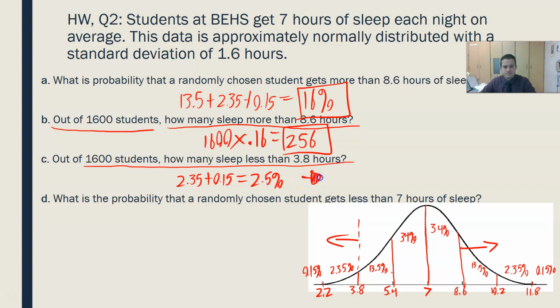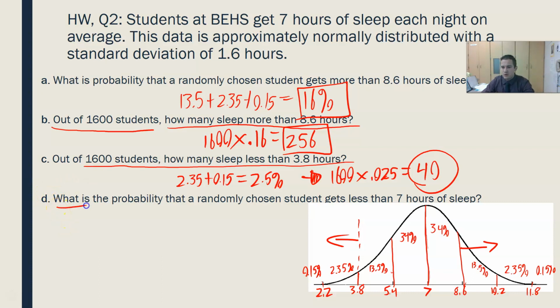So 1,600 students multiplied by 0.025, if I write that percentage as a decimal, is 40. Only about 40 kids at Box Elder High School, probably close to that, sleep less than 3.8 hours each night. I'm glad it's that few because that's not very much sleep.